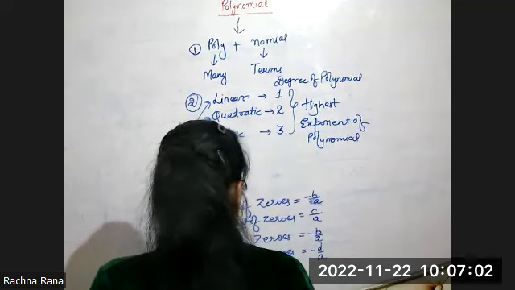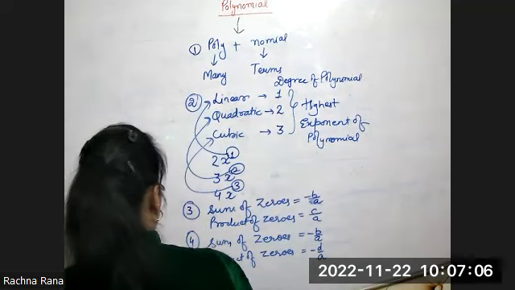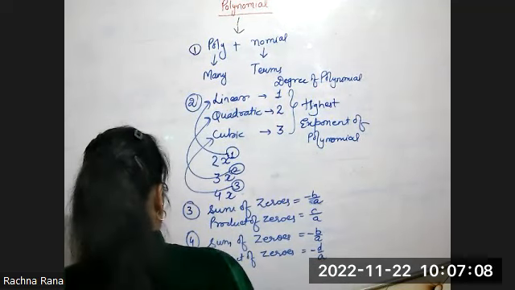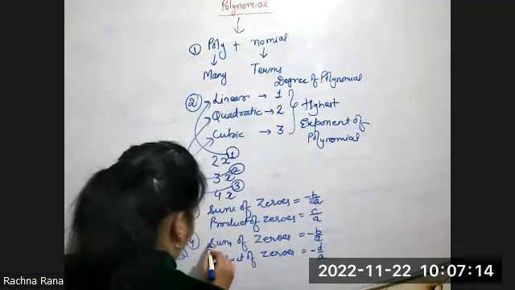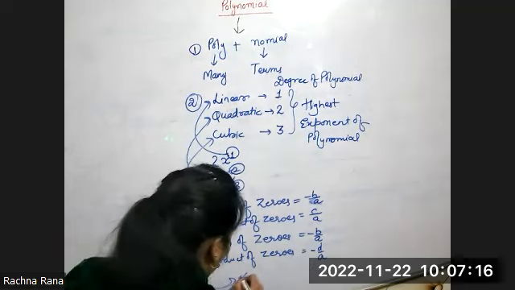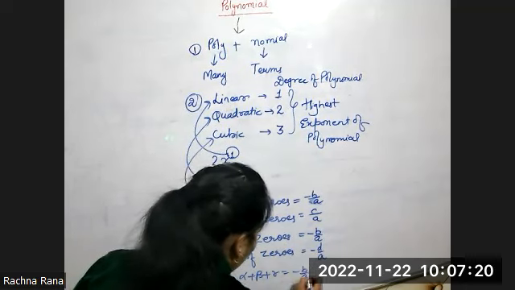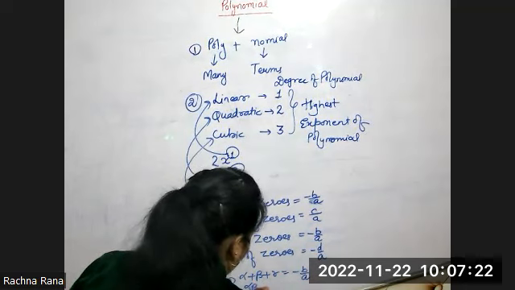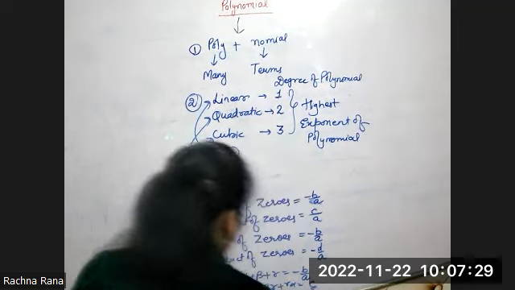But in the fourth point, we discuss the cubic polynomial. So we have to find the sum of zeros. For example, here we take alpha plus beta plus gamma, that is equal to minus b over a. Alpha beta plus beta gamma plus gamma alpha, that is equal to c over a.